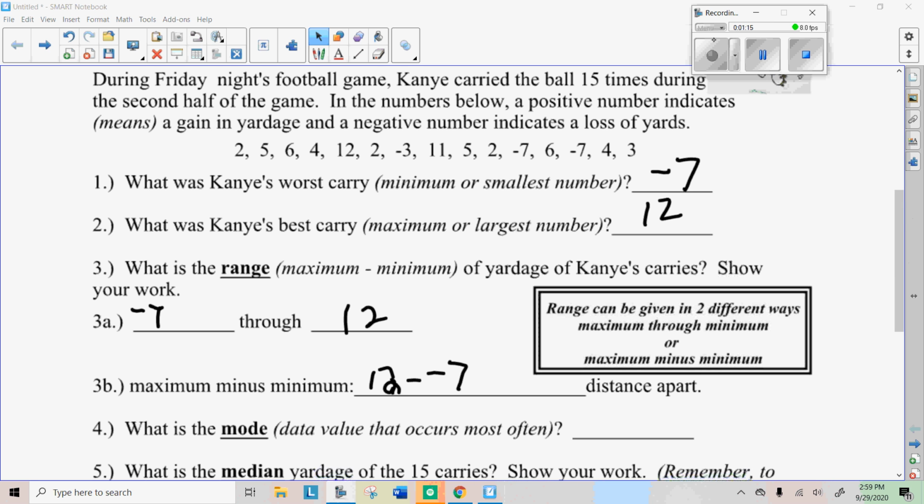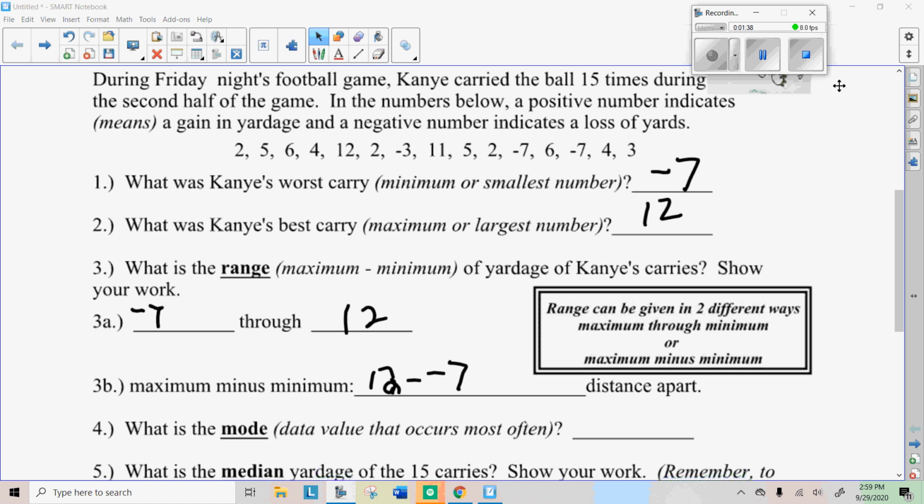So before you get too far, I thought you should check these answers. You should have got -7 is Kanye's worst carry, and 12 is Kanye's best carry. And the range of numbers go from the lowest to the highest, the minimum to the maximum. So from -7 through 12.